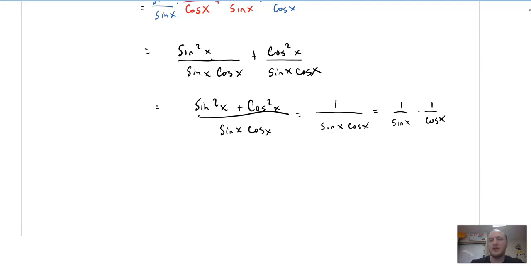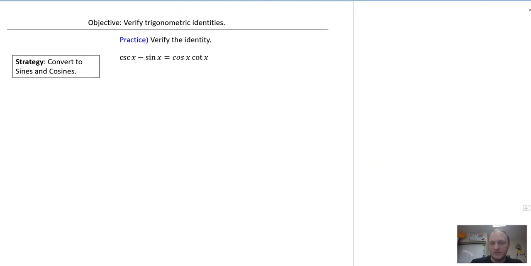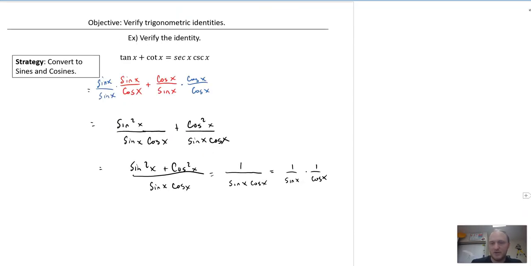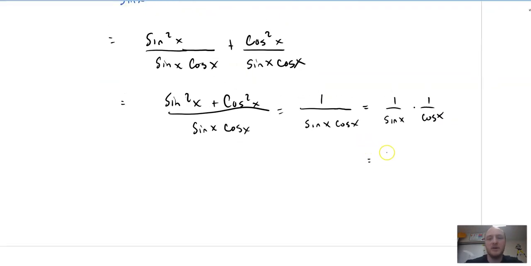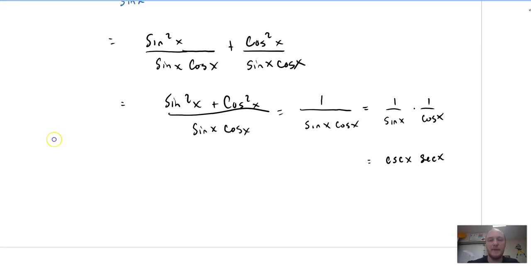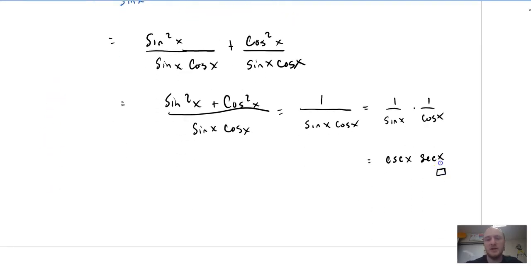You'd have to approach it differently. But anyway, this becomes, using the reciprocal identities, cosecant x times secant of x. Is that what we wanted to prove? It is. QED, we are done.